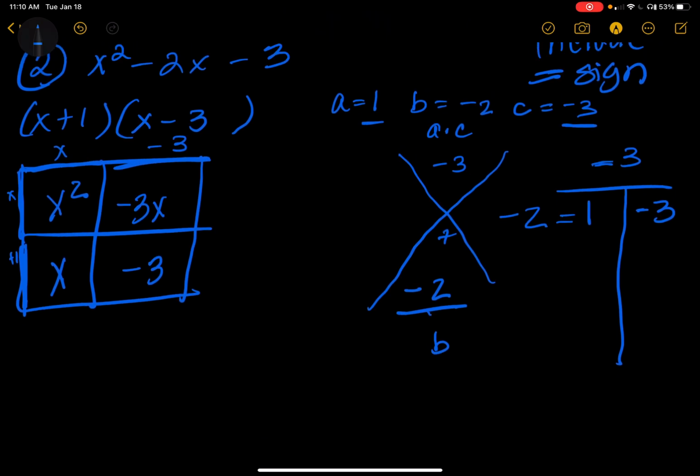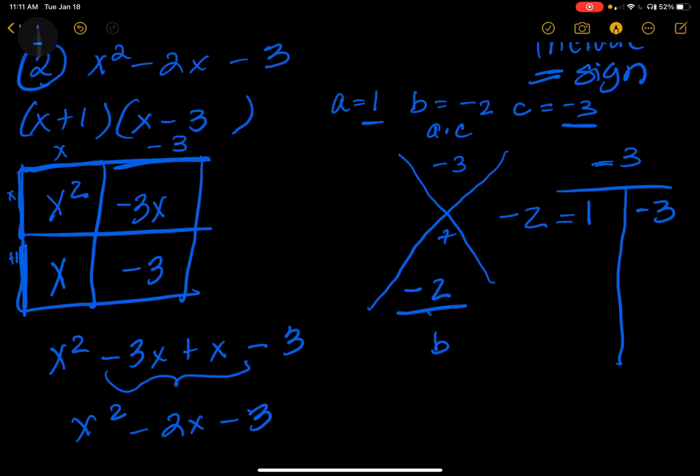If we bring it out of our box, we have x squared minus 3x plus x minus 3. Combine our like terms. We have x squared minus 2x minus 3. Verify that that's the same as our standard form. It is, and so we check.